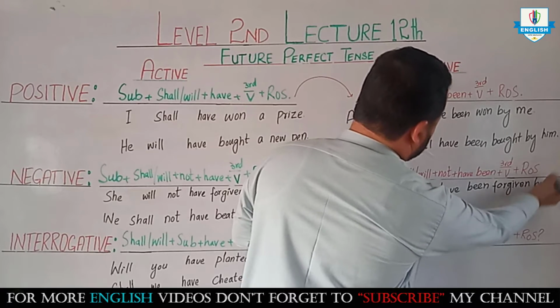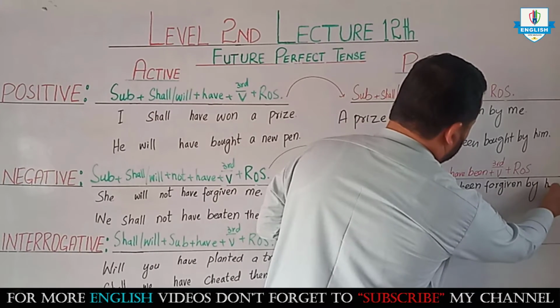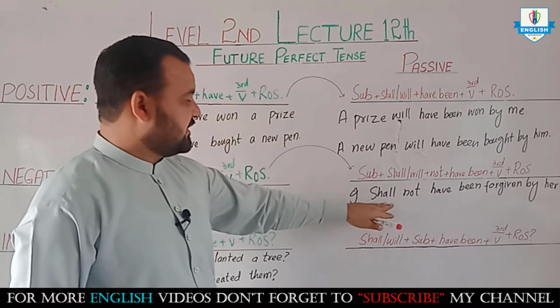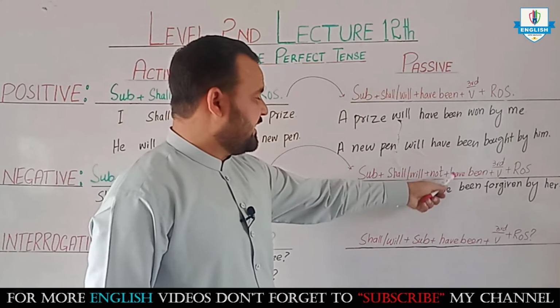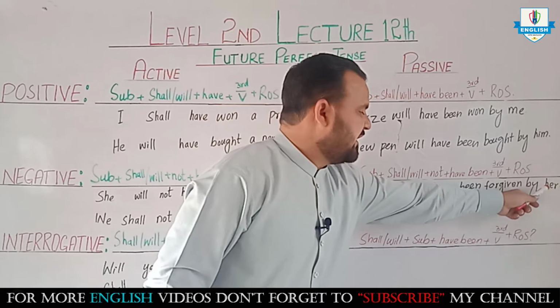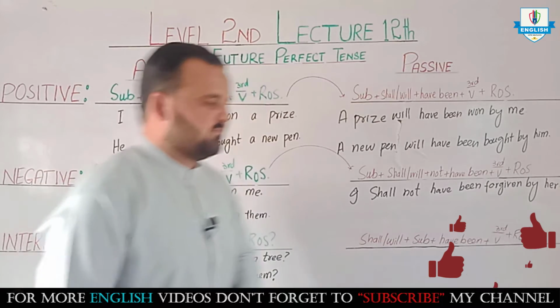By a specific agent, and she will change to her. Got it? I shall not have been forgiven by her, and her is the objective case of she. Got it?